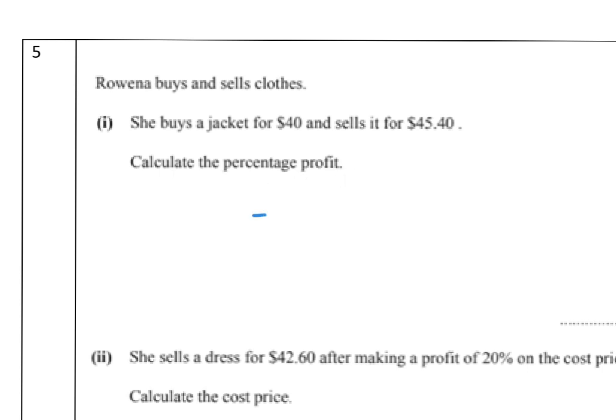Percentage profit equals the profit, which is 45.40 minus 40, selling price minus the cost price or buying price, over the cost price or buying price, which is 40, then multiply by 100. So to find the percentage profit, it is selling price minus the cost price over the cost price times 100. That gives 13.5%.